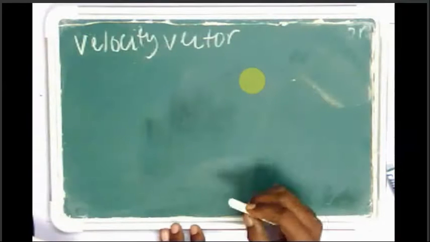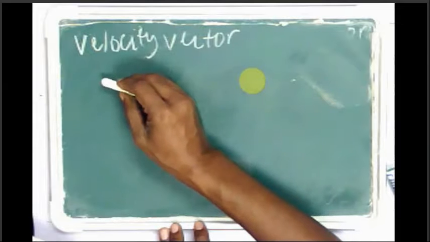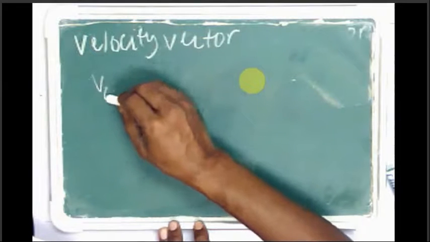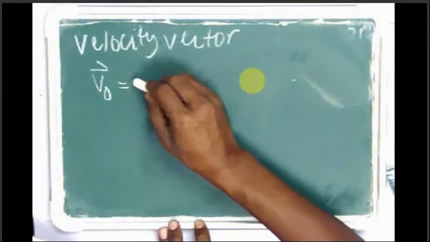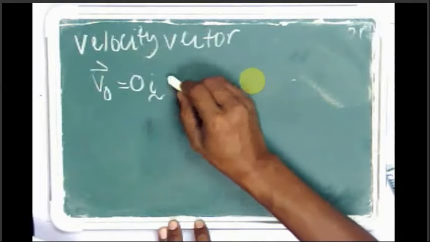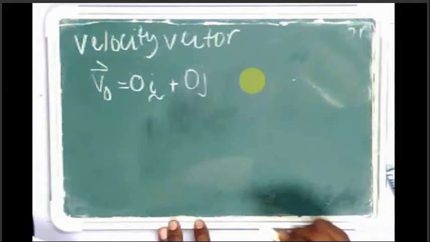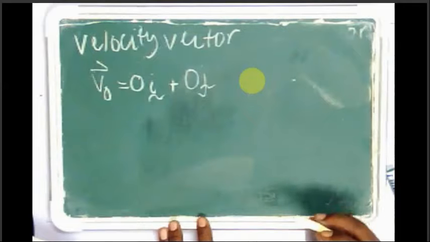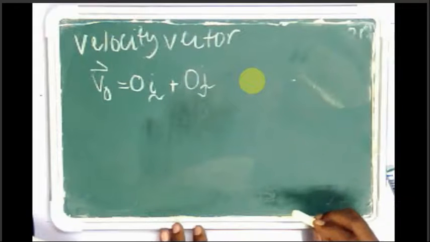So for velocity at the origin, V O will be 0i plus 0j, because in the question it says that before the 30 pound force is applied to the end A, the system is at rest.